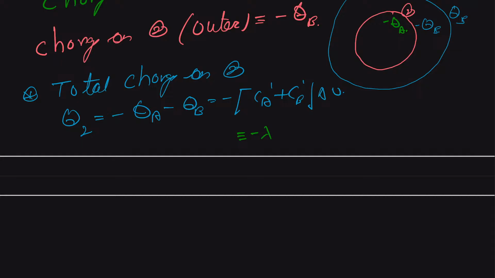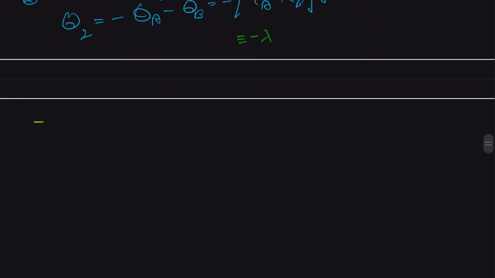Okay. Therefore, we can write that our CA prime plus CB prime, this was a negative, times our delta of V is equal to minus of lambda.